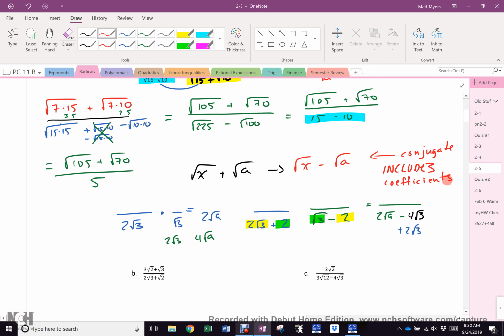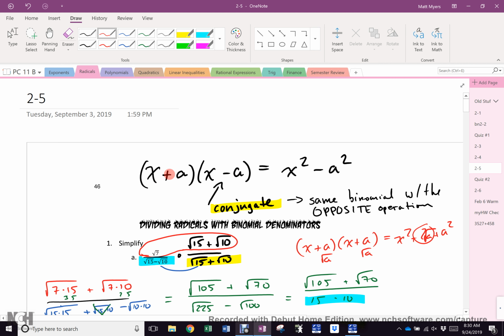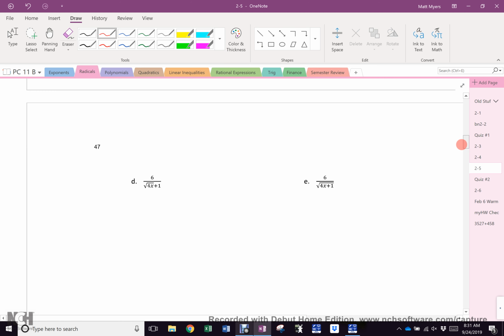Because if we don't include the coefficient, this barfy thing happens. Because remember, it's got to be the exact same thing to make the middle term drop out, just like in regular polynomials. Yeah? Okay.